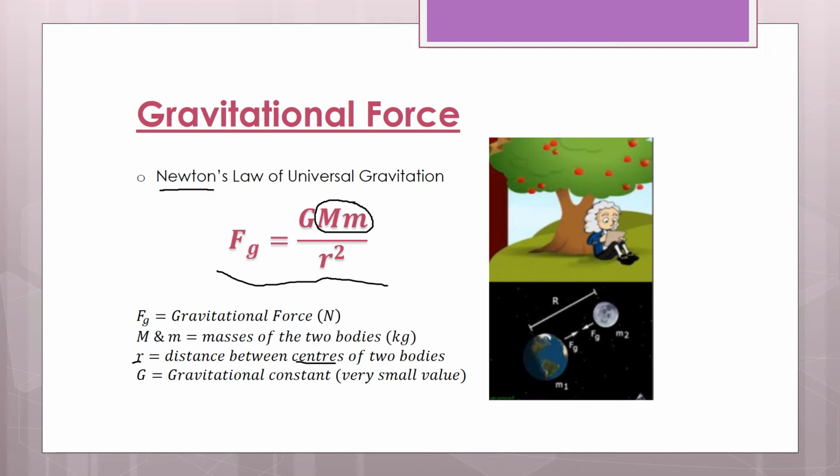Please remind yourself about that. And the capital G here is a new number. It is called the gravitational constant. It is a constant and it has a very small value. So what's the value? I will let you investigate the value by doing all the activities, and I hope that you can get it.